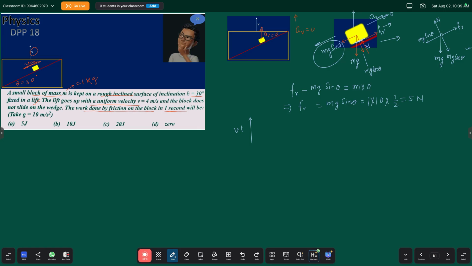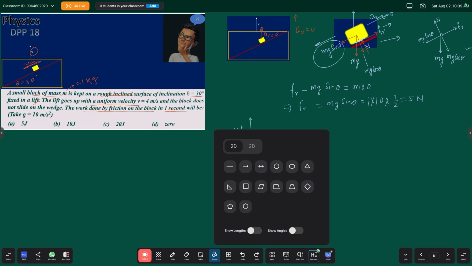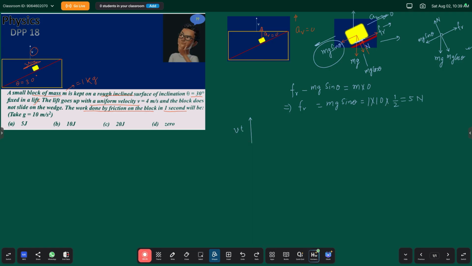The component of this along the friction force is what we are interested in.